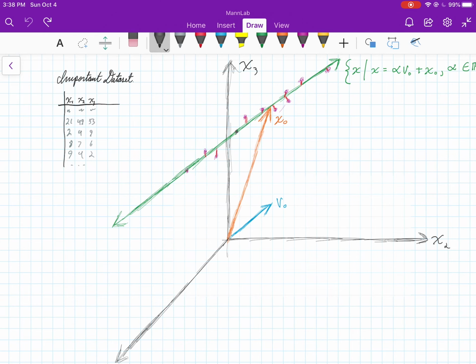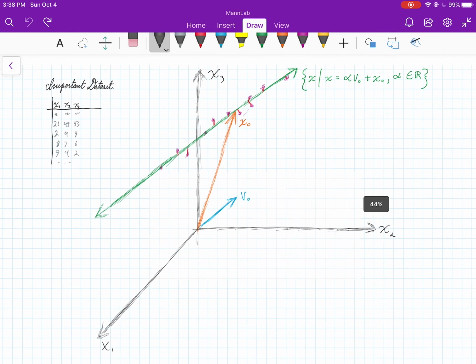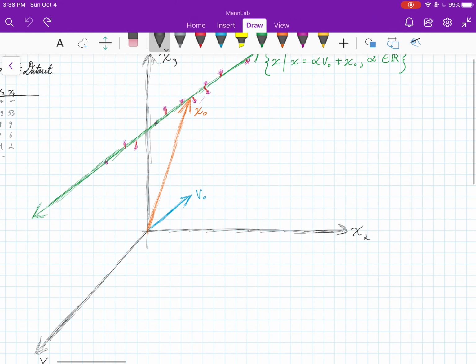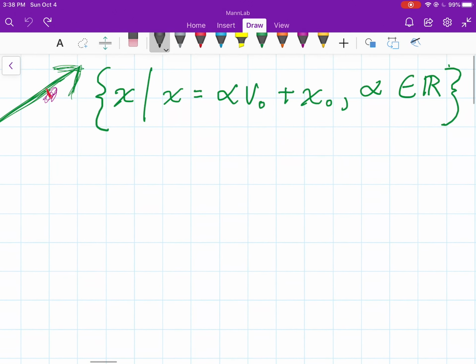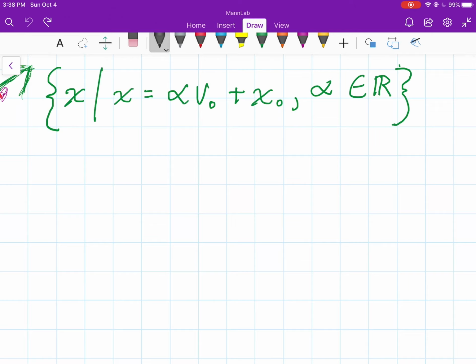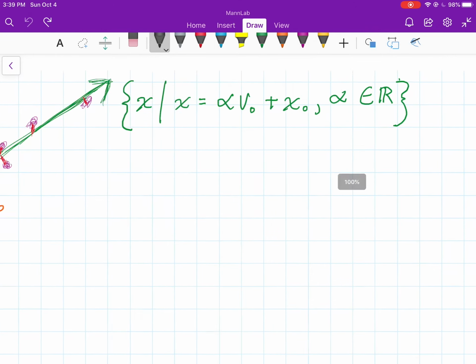We can define that affine set through the use of this vector v0 and the vector x0. We say that this green line is the set of all x such that x is equal to alpha times v0 plus x0, where alpha is in the real number set.